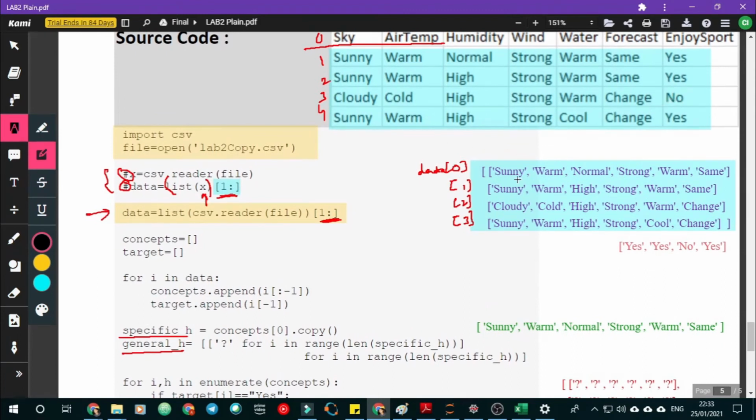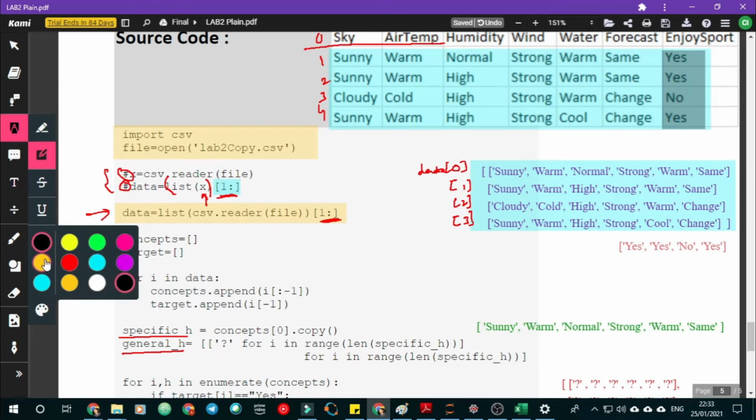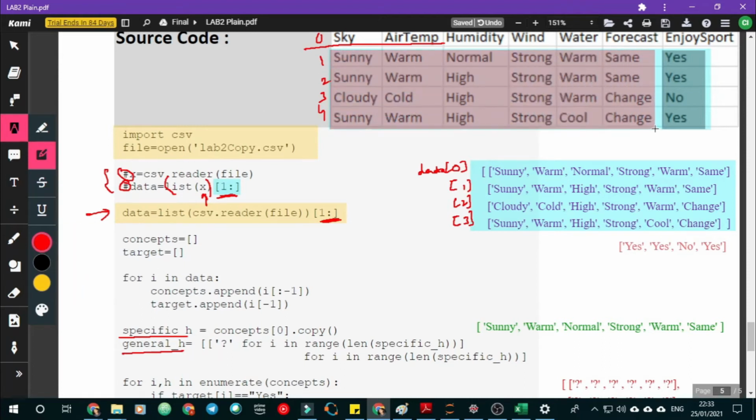This is data, right? As I told, this whole thing is data. I am considering this as the target, and I'm considering this as my concept.